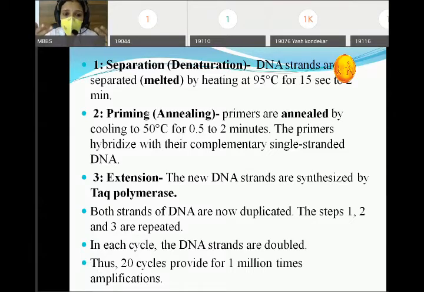Now these steps are repeated. After you get the two DNAs, again on these two DNAs there will be separation, priming and extension. So at the end of the second stage, you will get 4 DNAs. Then after the third stage, you will get 8 DNAs. So in each cycle, DNA strands are doubling. At the end of 20 cycles, you will get 1 million times amplified DNAs.